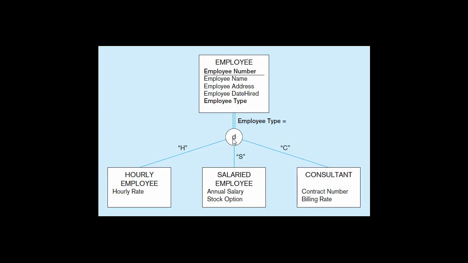Now, a problem that we have with this type of structure is if this disjointness was actually overlapping, so an employee can be two or more of the three below. Obviously, that's not going to work in this model. In order to do that, we're going to have the different job types and have a Boolean type value in there.